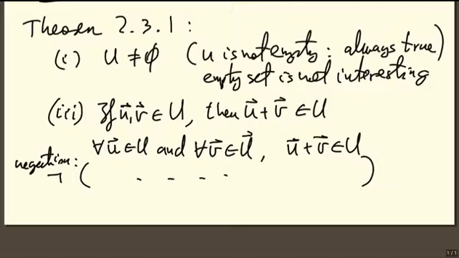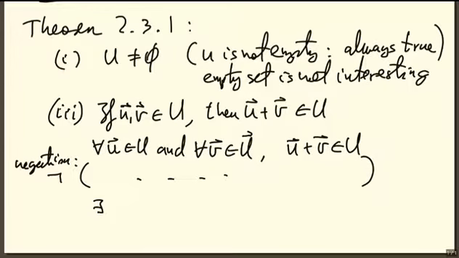We have to change all the universal quantifiers to existential. There is a u in U, then we have to change "and" to "or", there is a v in U.